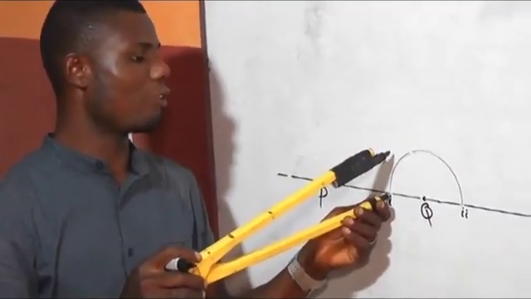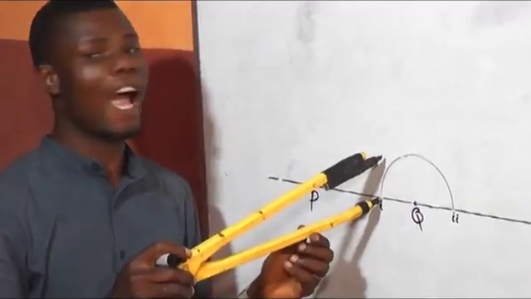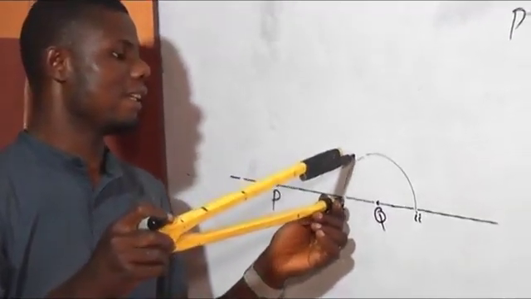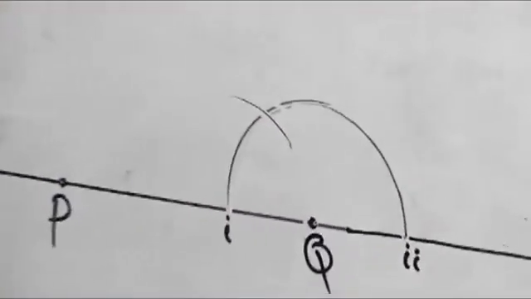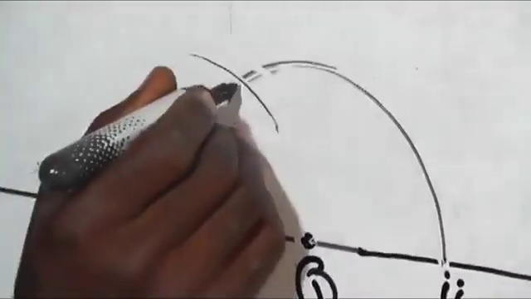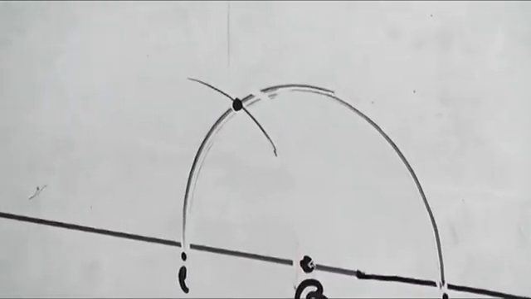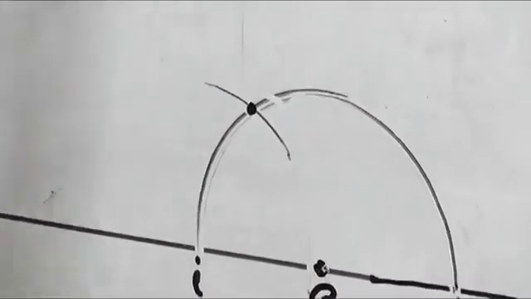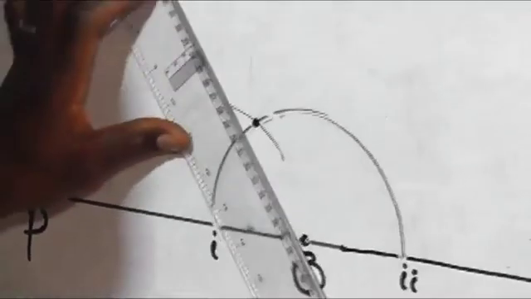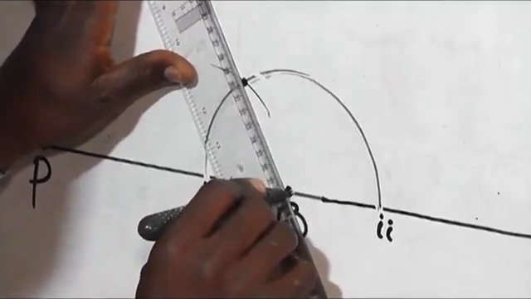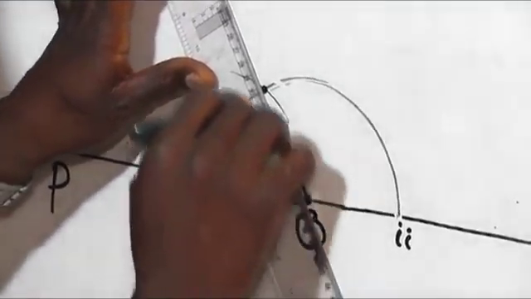Place the pin of your compass at I, then you bisect the semicircle. Alright? You've seen that. So you see that it cuts the semicircle at that point. So all you just need to do is to pick your ruler and draw a line passing through point P and the intersection of that arc and the semicircle.